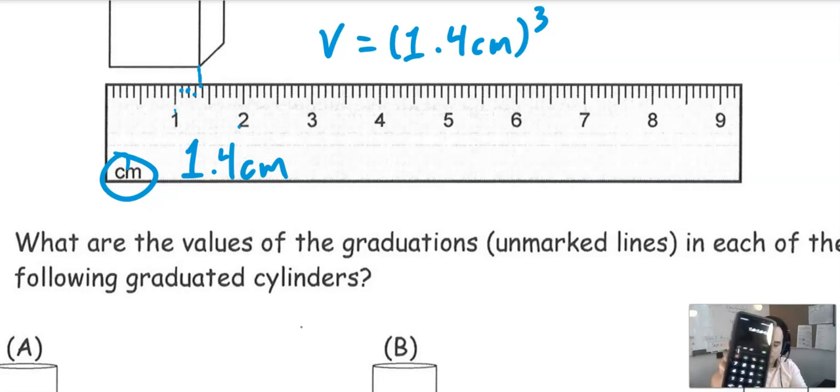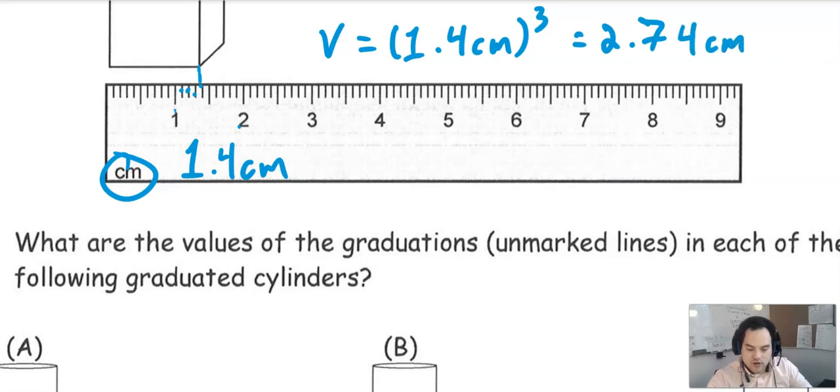So I can go ahead and plug it in like this, or do it cubed, and I get 2.744 centimeters cubed. And I'm going to round that off to 2.74 centimeters cubed, and that's going to give me my answer.